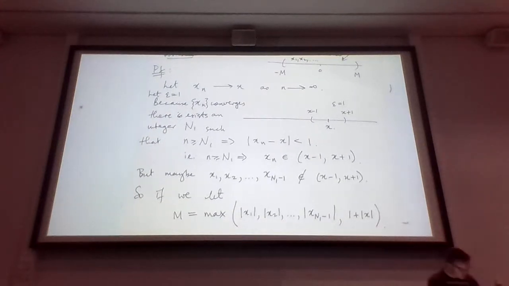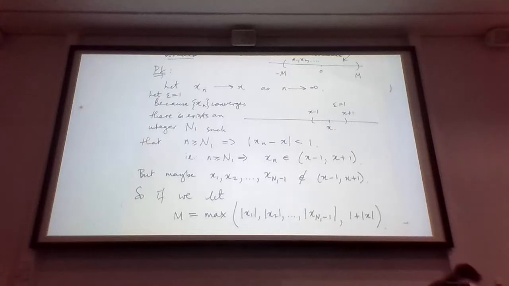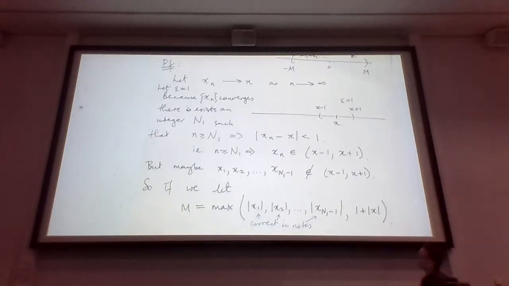So sorry, correct that in your notes, because in the notes I left off the absolute value signs. So I'm considering the maximum possible absolute value that the sequence elements x1 up to x_{n1 minus 1} might have. And then I'm looking at 1 plus the absolute value of x.